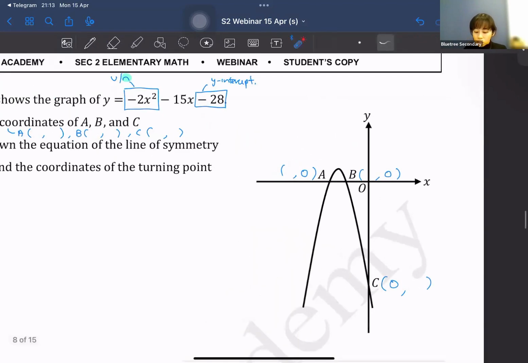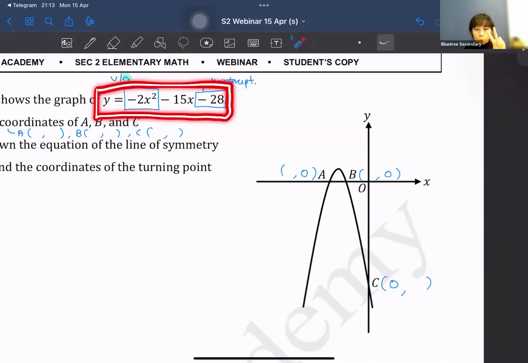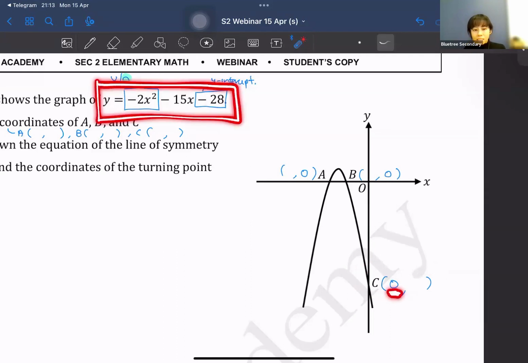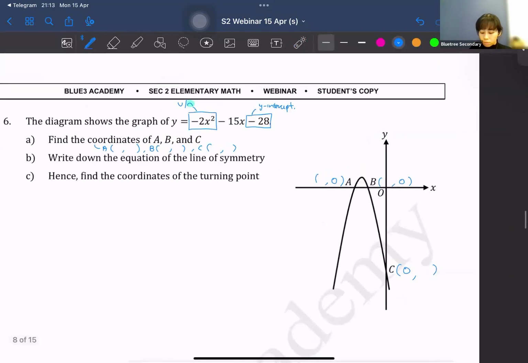So you have a function with just two unknowns. To look for, let's start with C first. To look for the coordinates of C, I know that my x is equals to 0. One function, two unknowns, of which you know that x is equal to 0, you can solve for the other unknown. So the function given is y equals to negative 2x squared minus 15x minus 28.